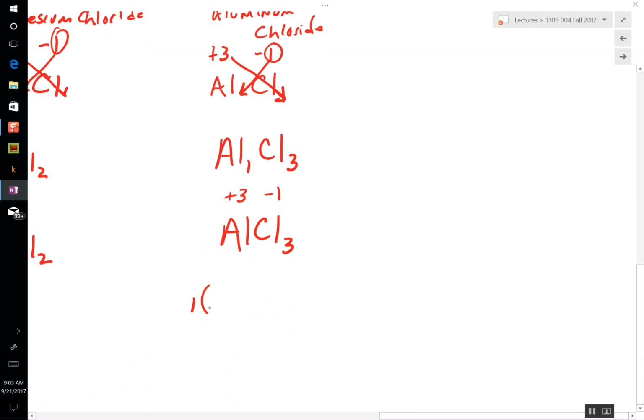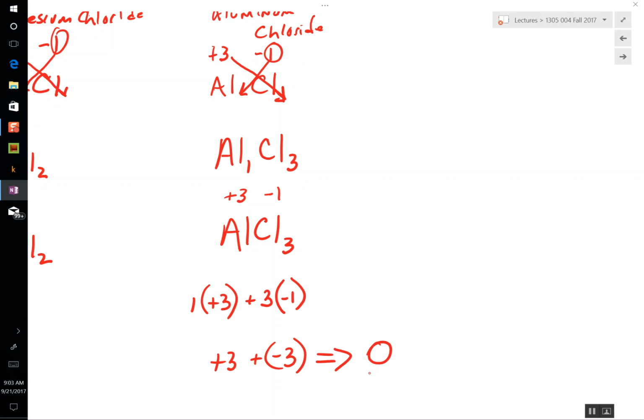There's 1 +3 ion combined with 3 -1 ions. So the total positive charge is +3, and the total negative charge is -3, and the net charge on that crystal of aluminum chloride is 0. There's a 1:3 ratio of aluminum ions to chloride ions, and it gives you a net 0.